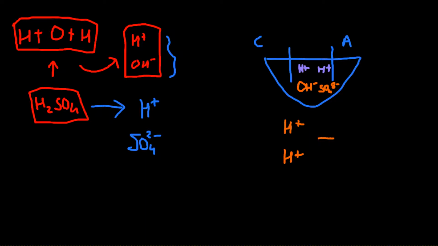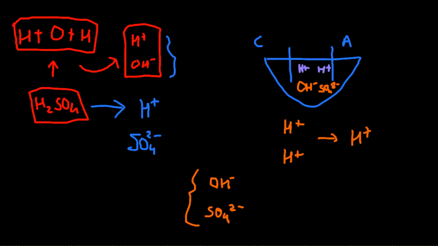It will not surprisingly be H plus. This is just a no-brainer here, but now you look at OH minus and SO4 2 minus. Now here there's a bit of competition.